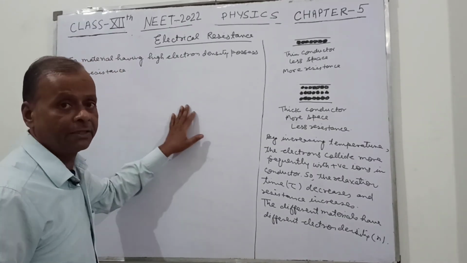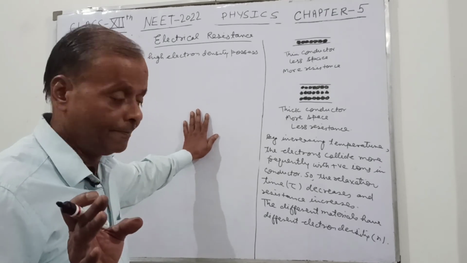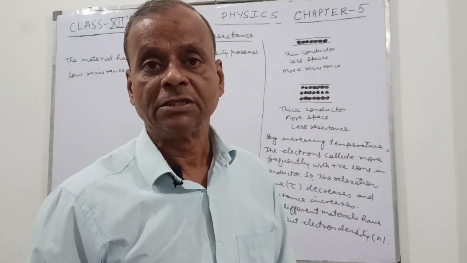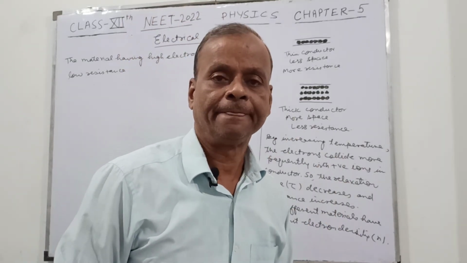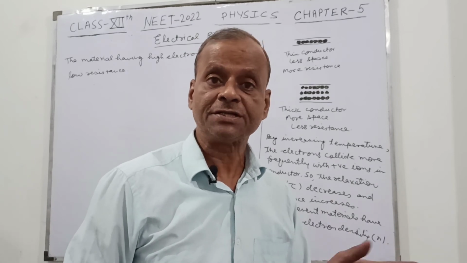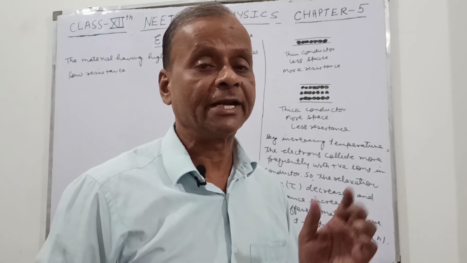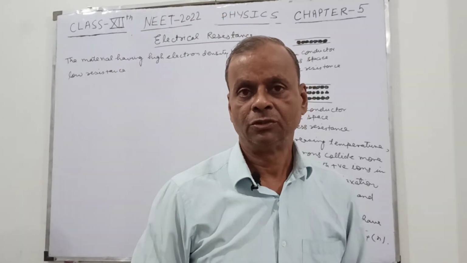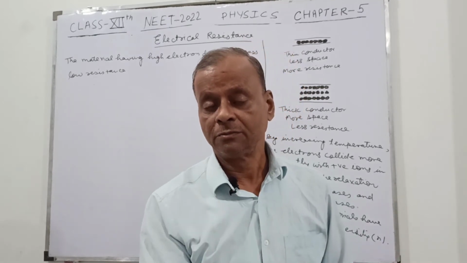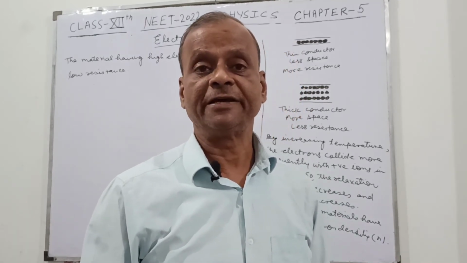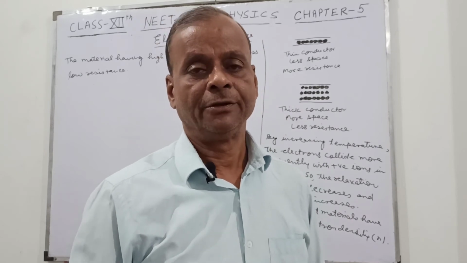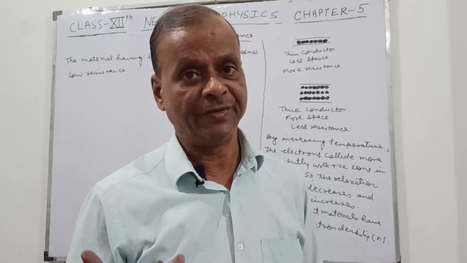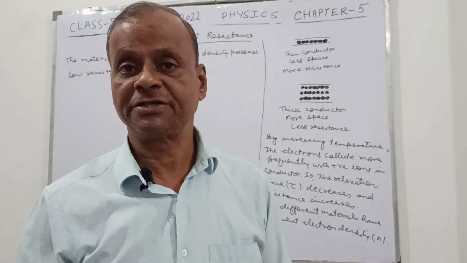So in the case of conductors, silver is the best conductor, because the electron density in silver is very high. Then we come to copper. Copper has electron density less than that of silver, so copper is the next conductor which has very less resistance. Because silver is very costly, it cannot be used in making electrical circuits.